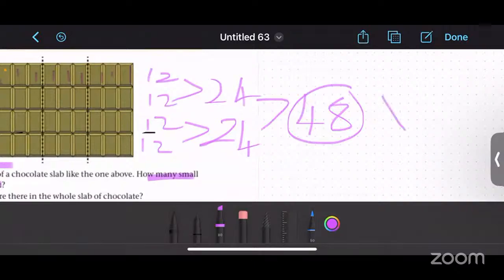Now you're going to take the 48 and multiply it by 3 out of 4, right? Because they said this person eats 3/4 of the chocolate.